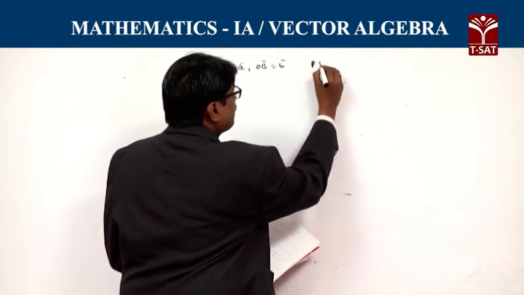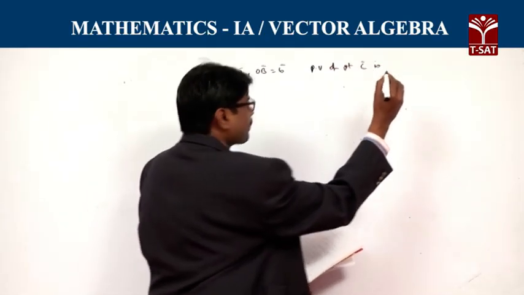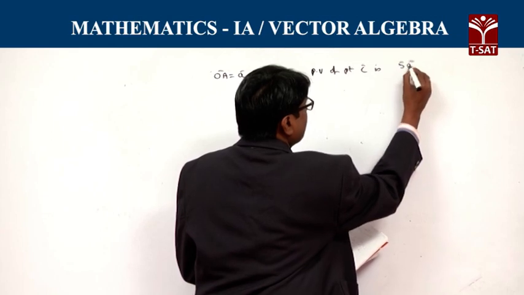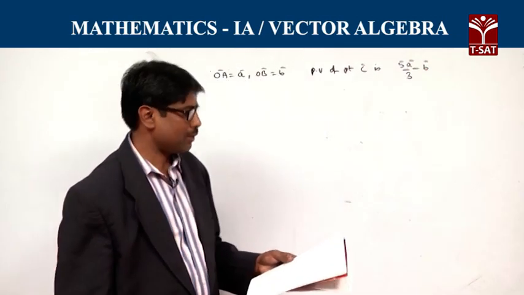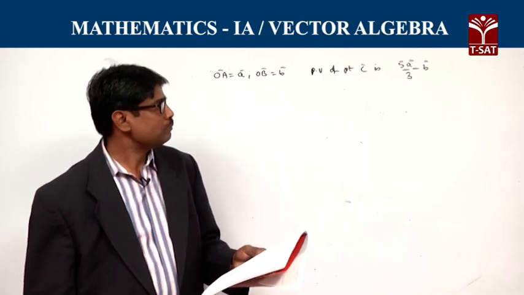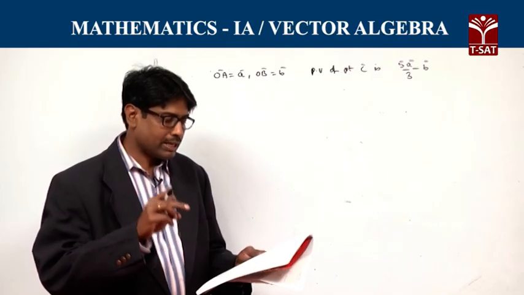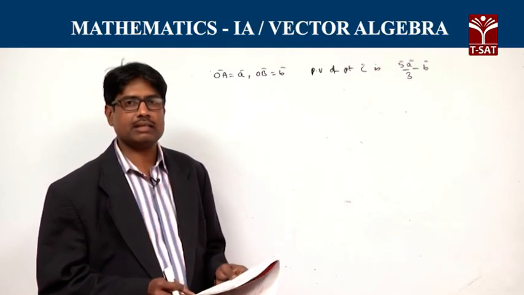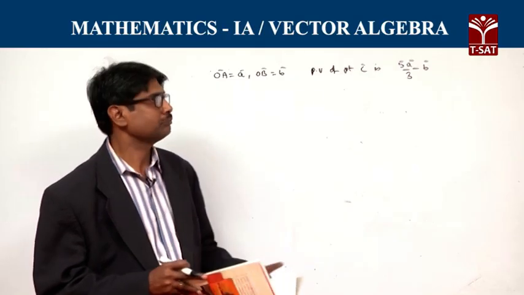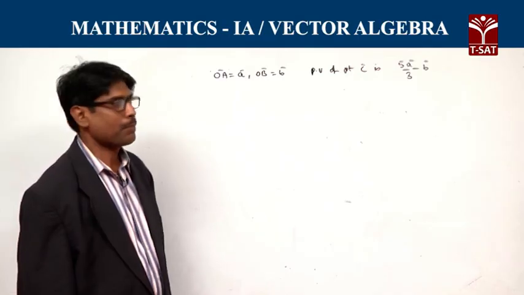Position vector of point C is 5 times of A bar divided by 3 minus B bar. Then what will be the location of C with respect to the triangle AOB and with respect to the angle AOB? Good point and good problem based on the vectors.